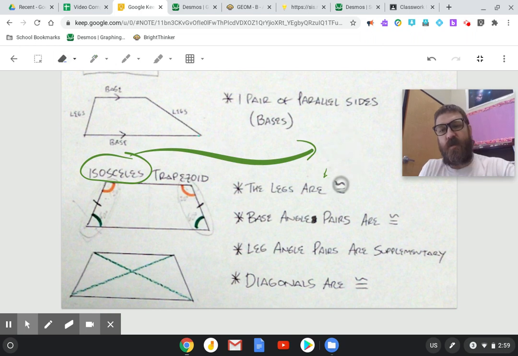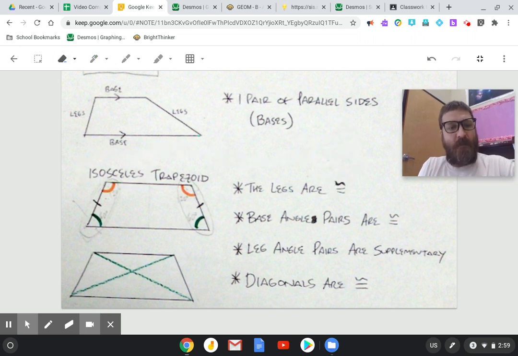So isosceles trapezoids have the same idea. They have two legs that are the same length, as opposed to the other examples up here where the legs are different. That's the first main characteristic of isosceles trapezoids: the legs are congruent to each other.